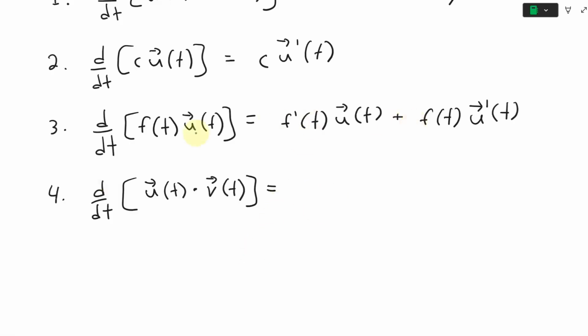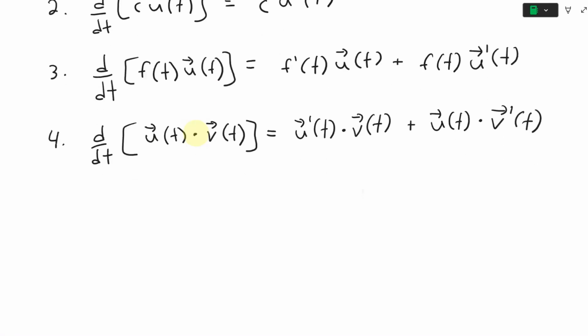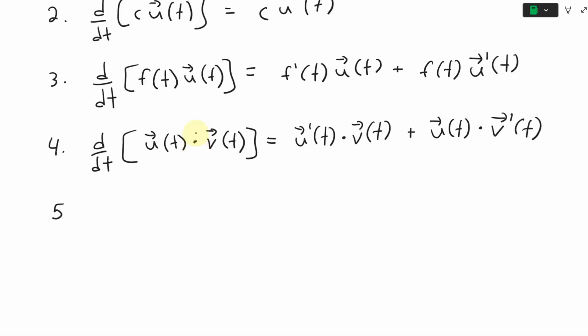This equals u prime of t dot v of t, plus, now we do the reverse, u of t dot v prime of t. So it's kind of like the product rule, but with dot products. Fascinating stuff there.